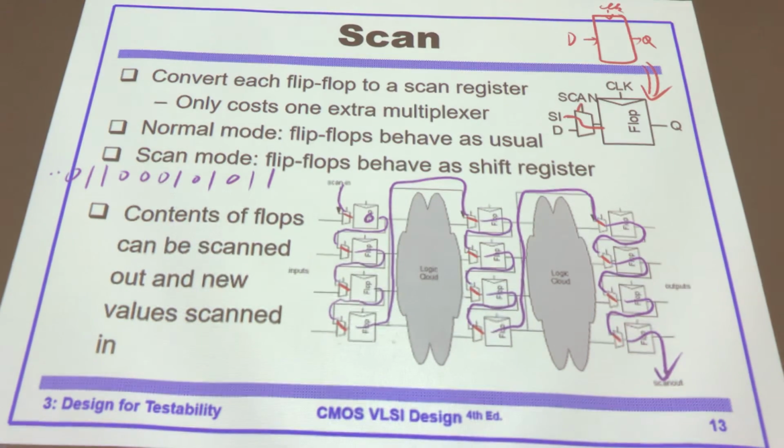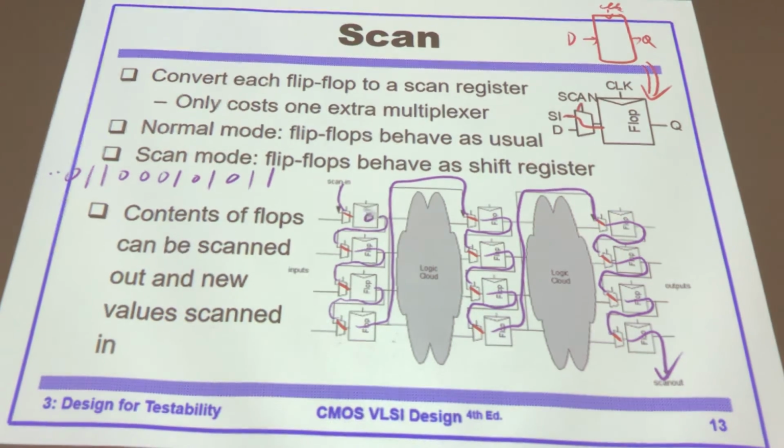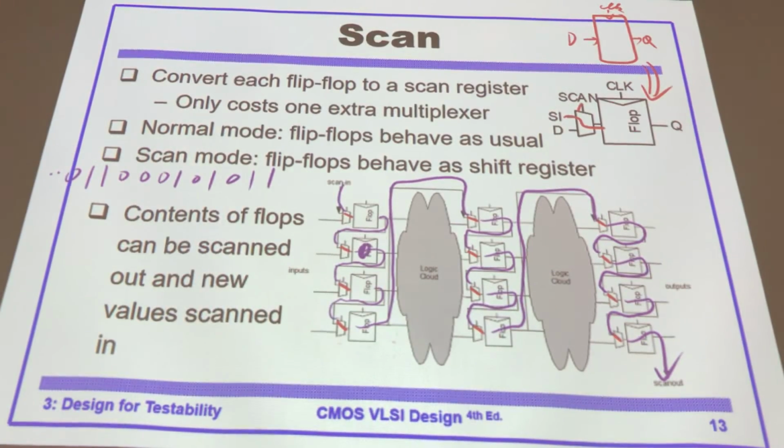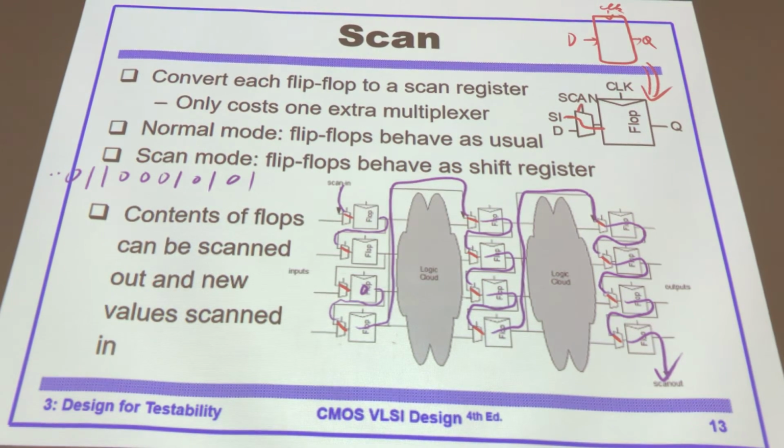Next clock cycle, 0 will shift to here, and 1 will shift up here. After 2 clock cycles, another clock cycle, this 0 will be here, this 1 will be here, and this 1 will be here. So on and so forth.